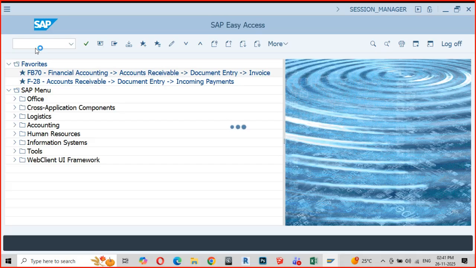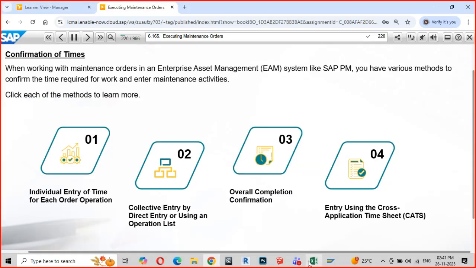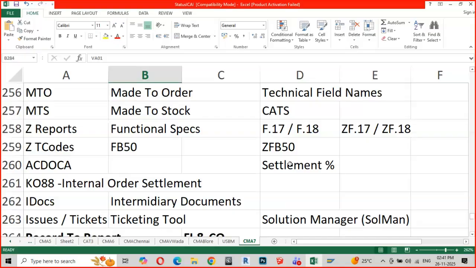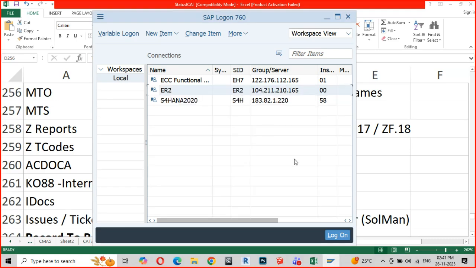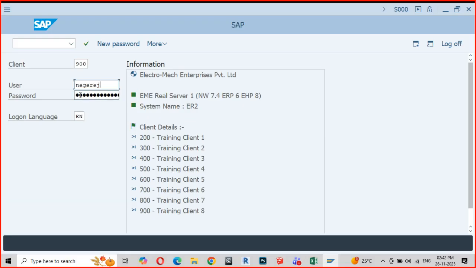I think I had made a note of it in my Excel. Let me just check. Yes, CATS. Okay, technical field. I'll finish off with CATS. Another interesting point. Good, I referred my Excel sheet.